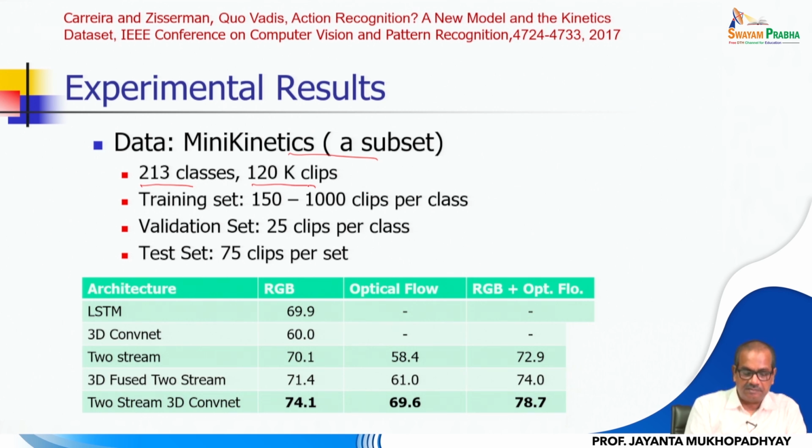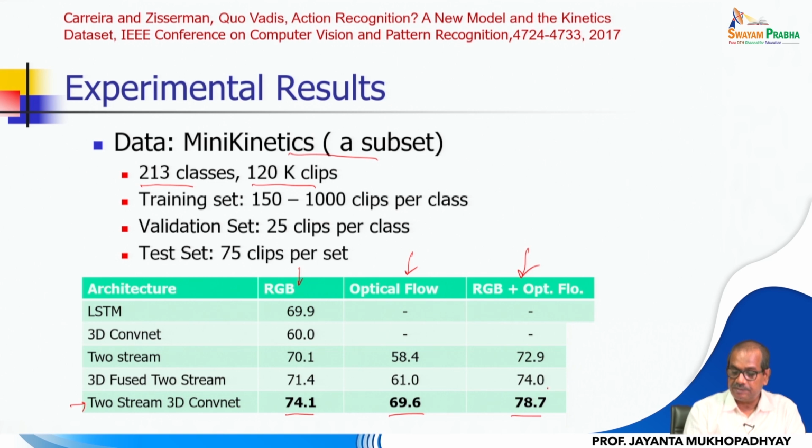Finally, the results they have reported: you can see the net architecture considered with only the video data, only the optical flow data, or both, with all those variations. Just to note, two-stream 3D convolution has given better performance in every case.